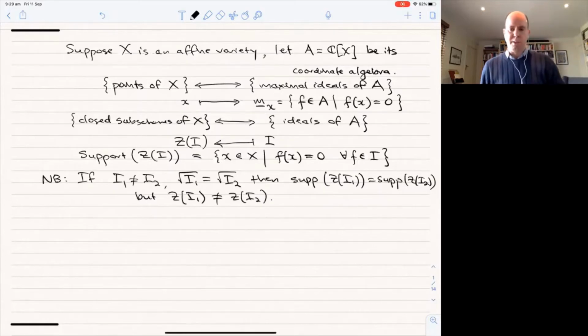So you have two different schemes with the same support, the same underlying closed subset of the variety.